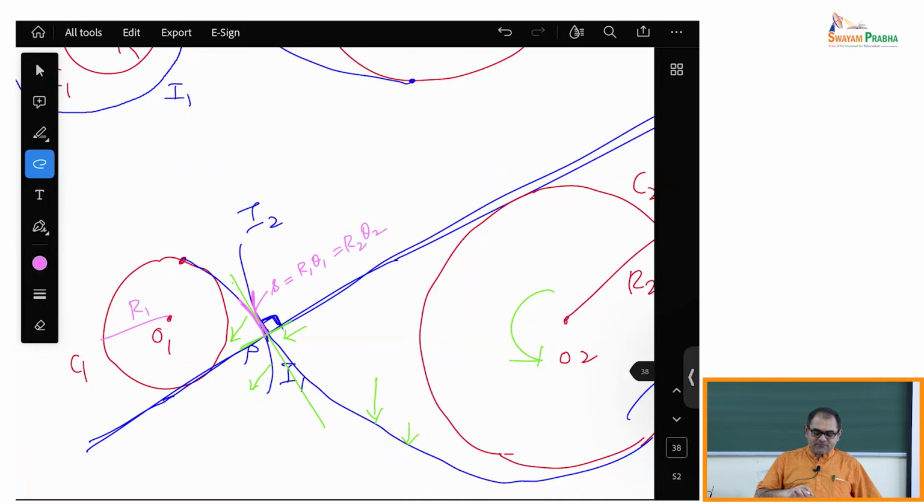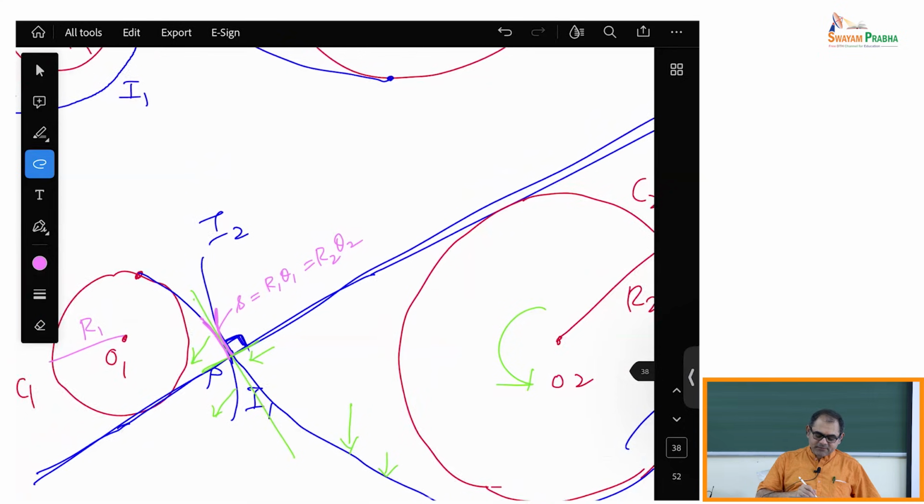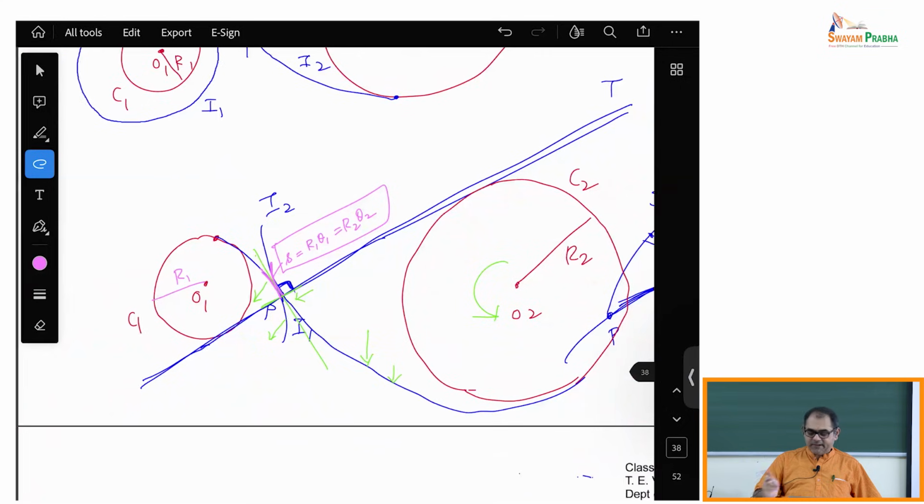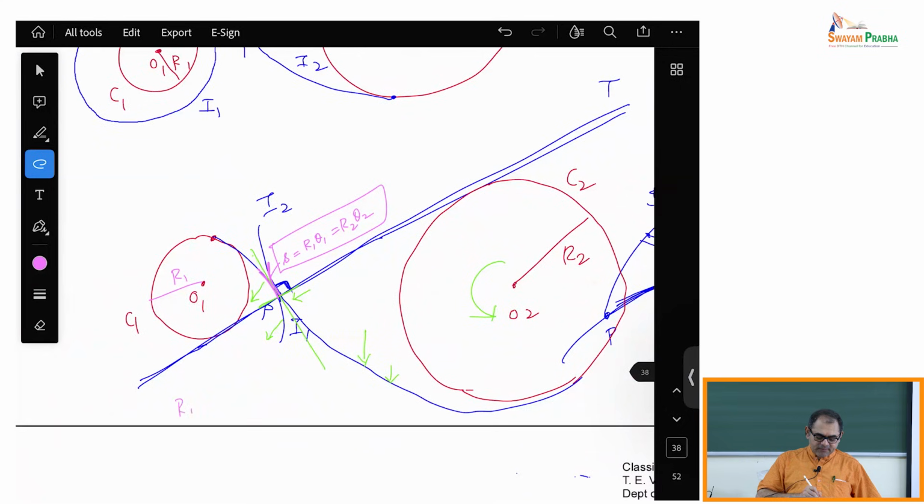Okay, and therefore from this equation, if you think of theta as a function of time and differentiate, you will get R1 omega 1 is equal to R2 omega 2, where omega 1 is d theta 1 by dt and omega 2 is d theta 2 by dt. These are the angular velocities. So the ratio of the angular velocities of the gears is constant.